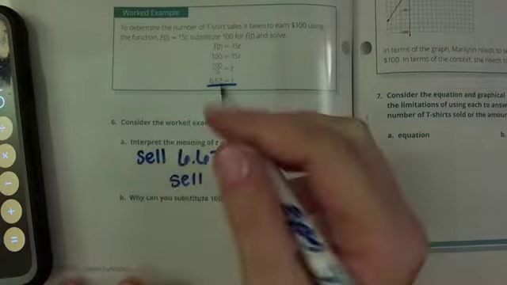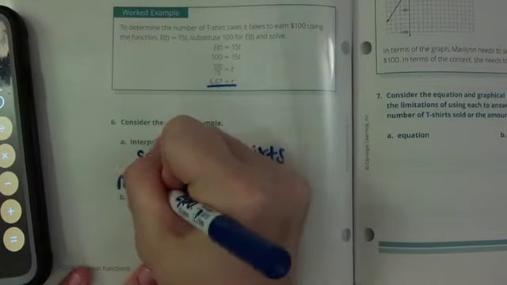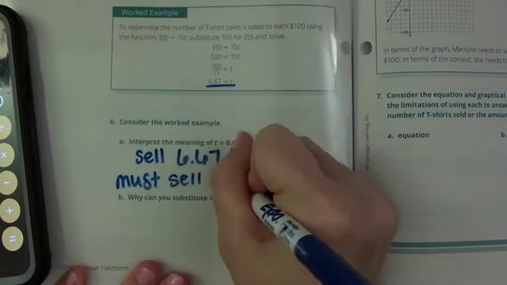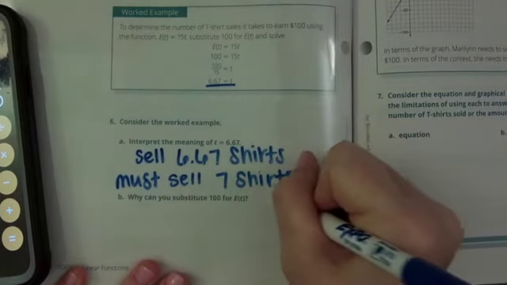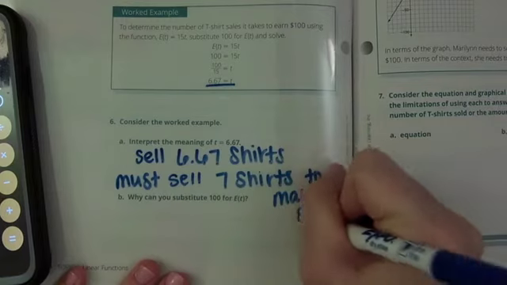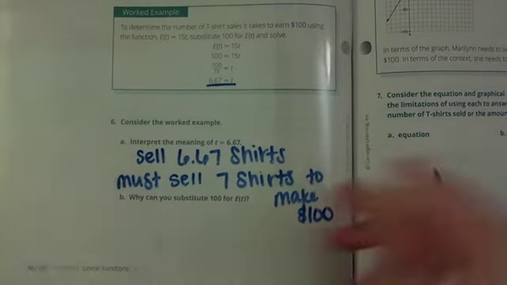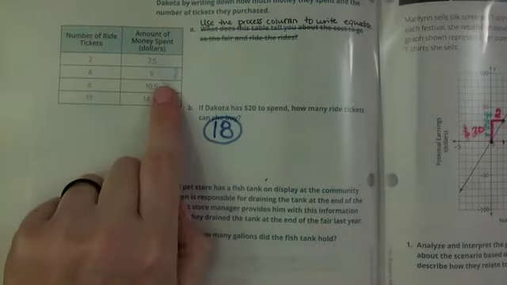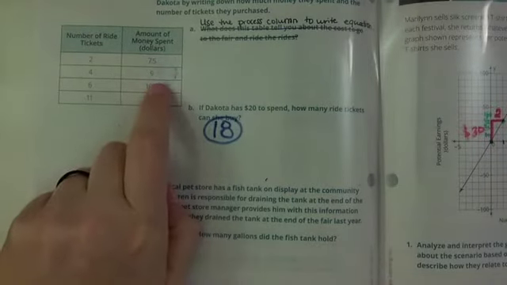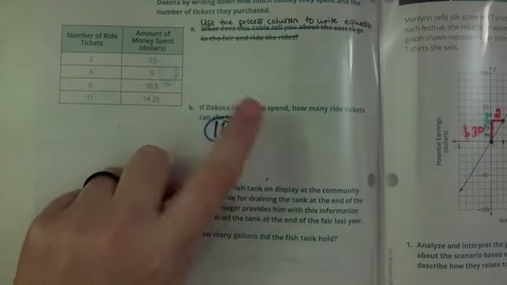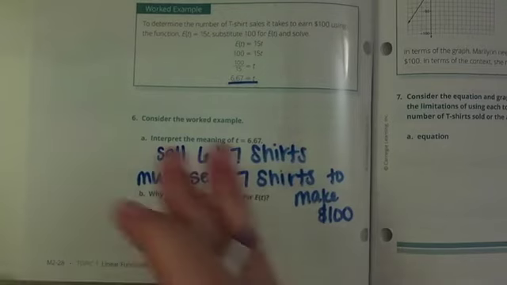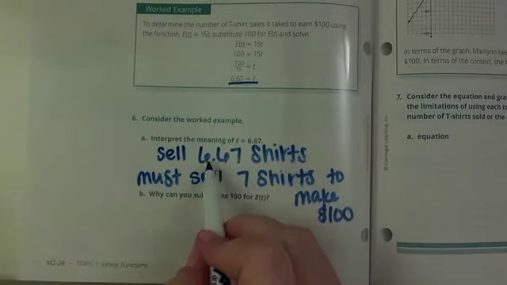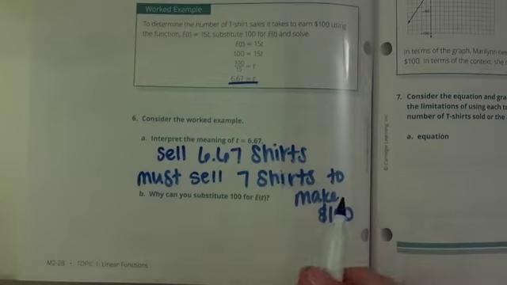So 105. So she must sell 7 shirts to make $100. So the last lesson that we did, we talked about selling tickets or buying tickets. You couldn't spend more than the 20, but this one, if you're wanting to earn 100, you would have to sell more than the number, and you would always have to round it up.